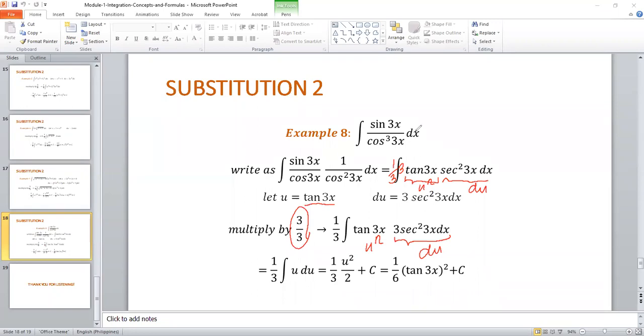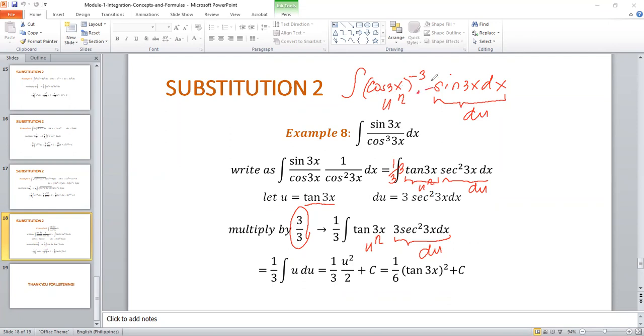Okay? The other one is the one that I mentioned to you a while ago. You can write it as cosine 3x raised to negative 3, and this is your sine 3x dx. They're just the same, right? So this could be interpreted as u raised to n, and this is your du. What's the derivative of cosine 3x?